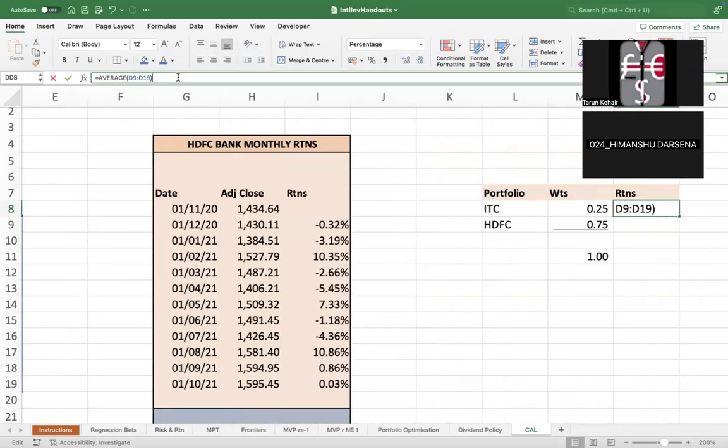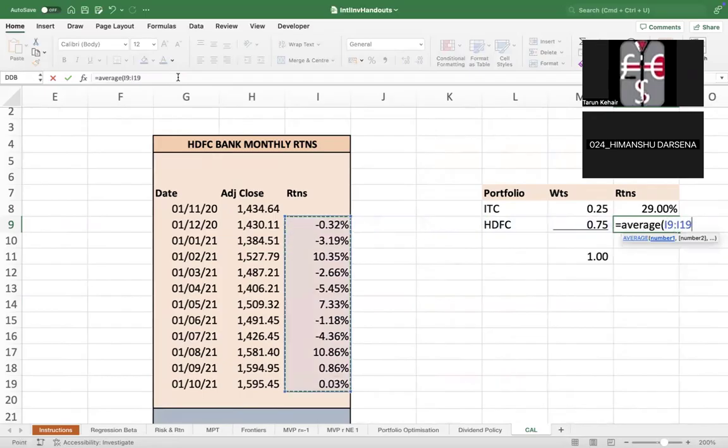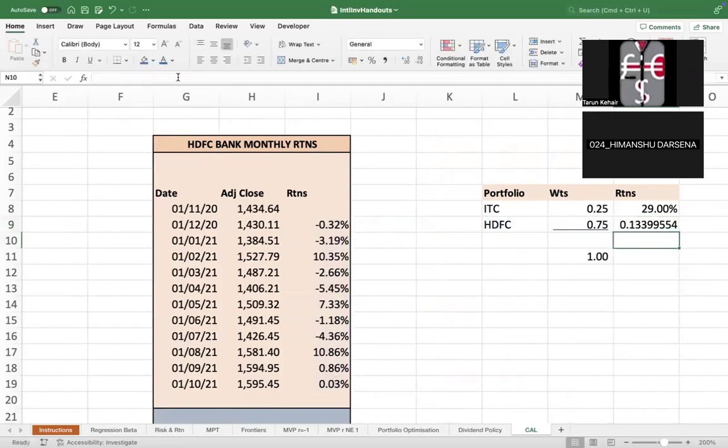So multiply it by 12 to get your annualized returns. Is that correct? Same way for HDFC, we take the average monthly returns for HDFC and multiply it by 12 to get the returns of HDFC.